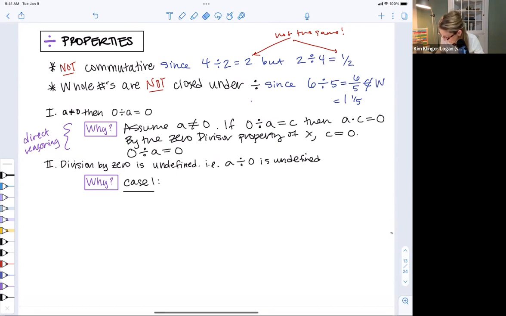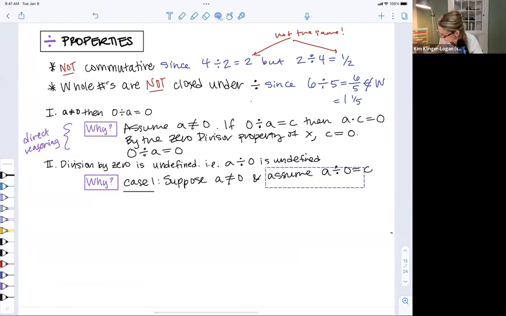So suppose A is not 0, and we want to assume A divided by 0 is equal to some whole number.